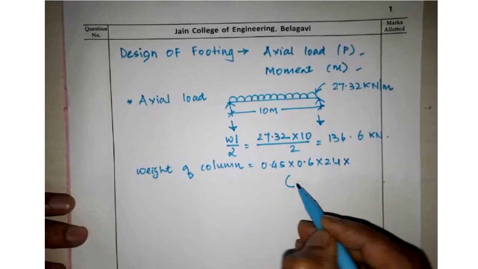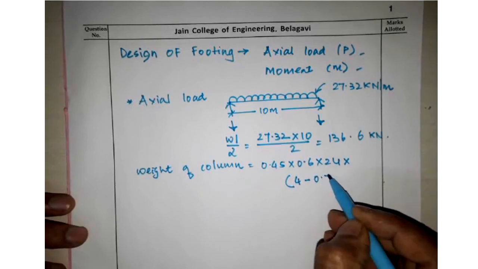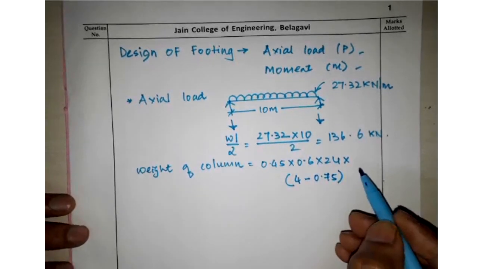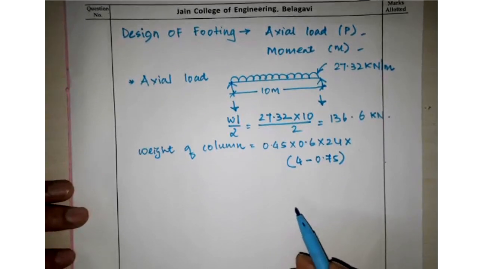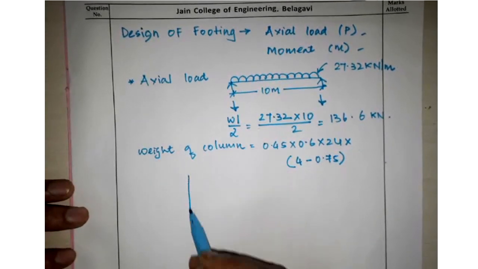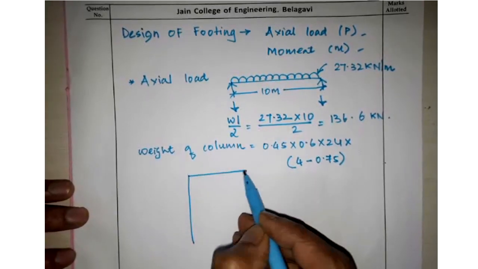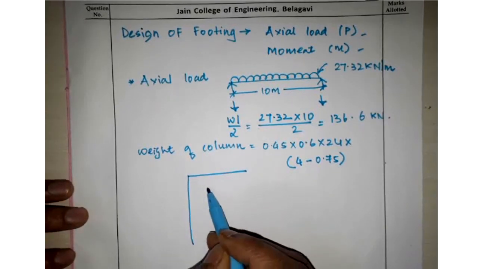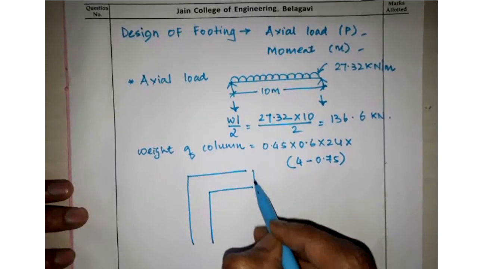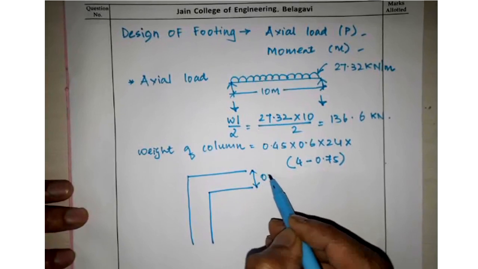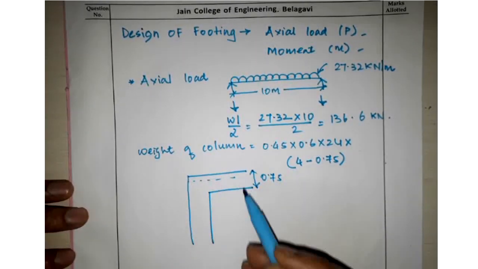The total height is 4 meter minus the depth of beam, 0.75, because we assumed the depth of beam as 0.75. If I show it here, we have the column here, and here the beam, and the depth of beam is 0.75, and here we have the slab.